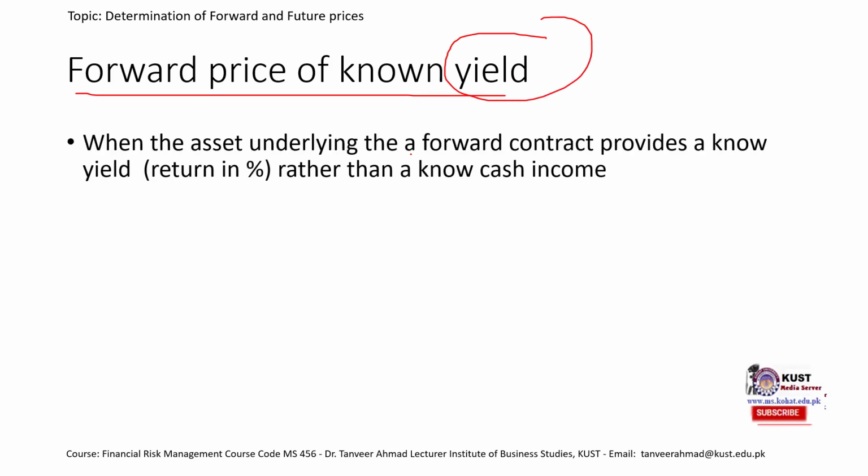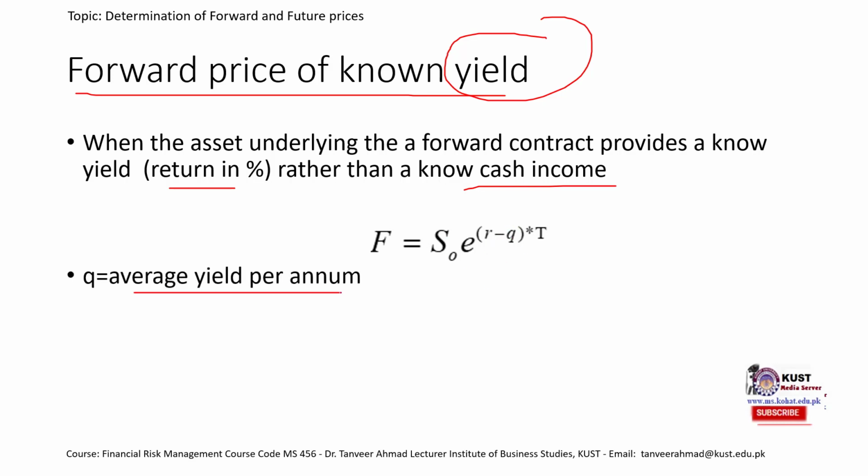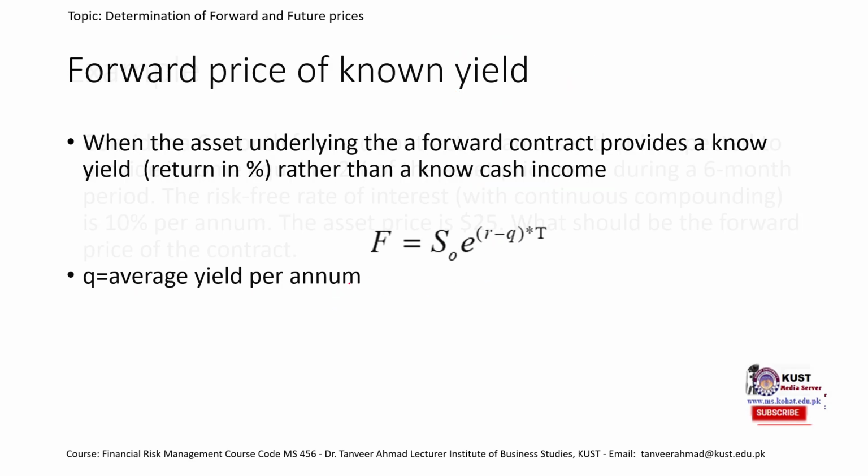When the asset underlying the forward contract provides a known return which is in percentage rather than a known cash amount, instead of deducting the amount from S0, we are going to deduct the average value of the income from R, the risk-free rate. So this is how we would modify the formula.